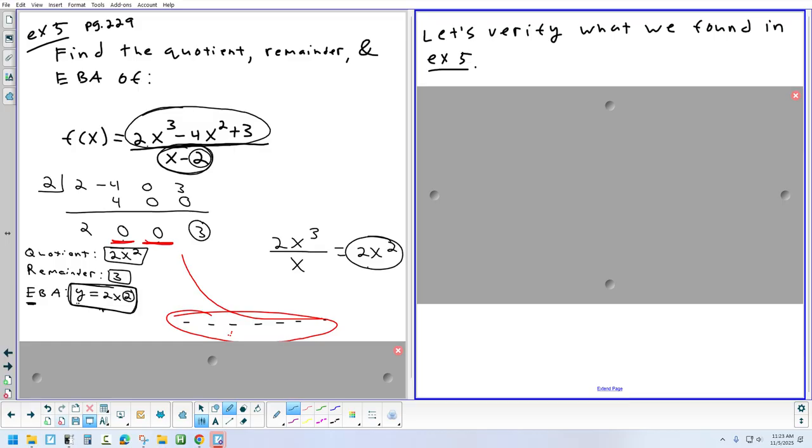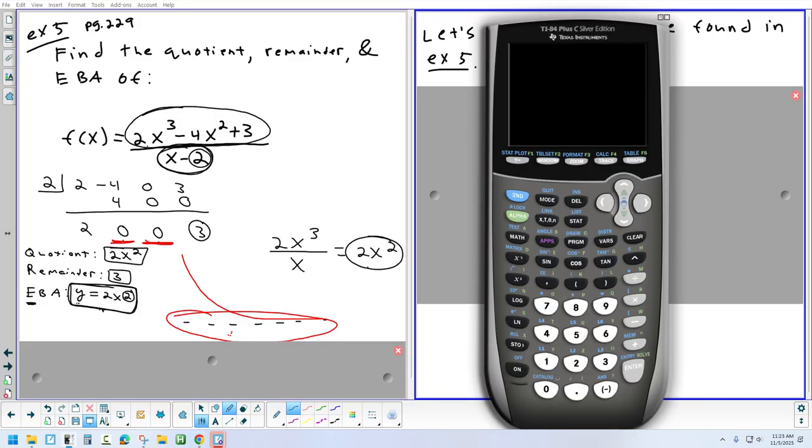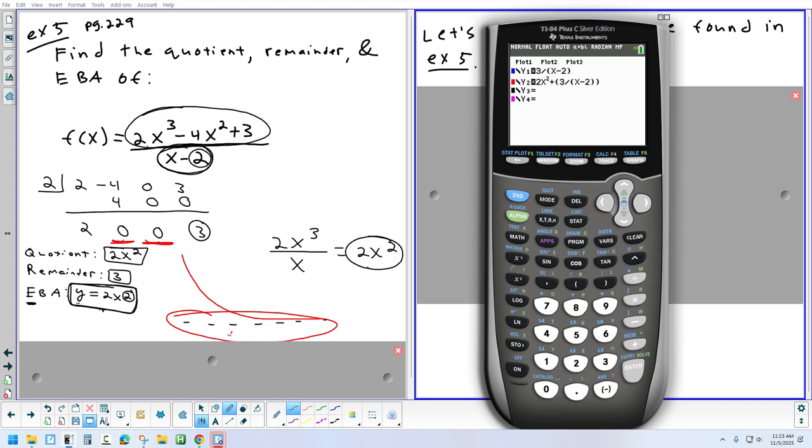Okay, so let's graph the original problem, and then let's graph 2x squared. So in parentheses, we've got 2x cubed minus 4x squared plus 3, divided by x minus 2.